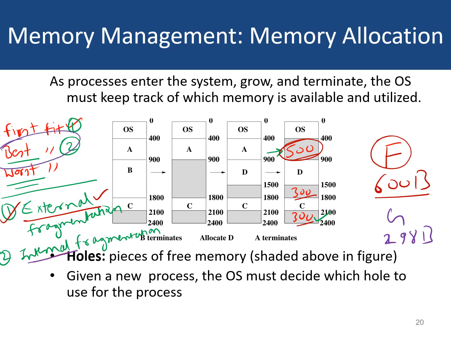So we run best fit to figure out where to allocate this new process G, which requires only 298 bytes. Let's say the best fit algorithm chooses this third hole for allocating G. Note that this hole has a size of 300 bytes. So if we allocate exactly 298 bytes to process G, we will have a very small hole of 2 bytes left at the end of the third hole.